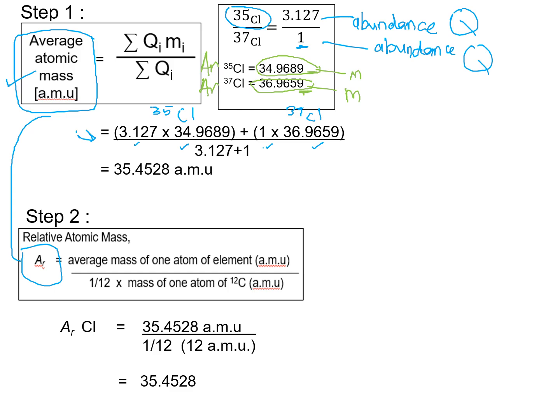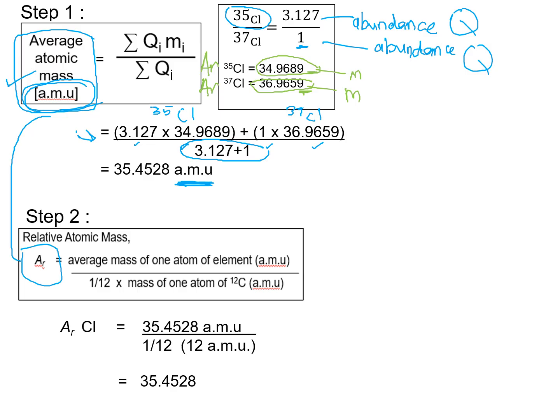Okay, bahagikan dengan the summation of diorang punya relative abundance, which is 3.127, campurkan dengan 1. And now you will get 35.4528 AMU. Okay, letak je AMU kat sini, sebab memang apa-apa pun, kalau kamu kira average atomic mass, memang unit dia kena in AMU, atomic mass unit.